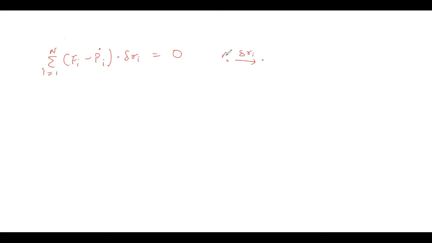So I have moved a particle from A to B. There is some displacement, but during this displacement, the time does not change, or you can say dt equal to 0. So we call this D'Alembert's principle.